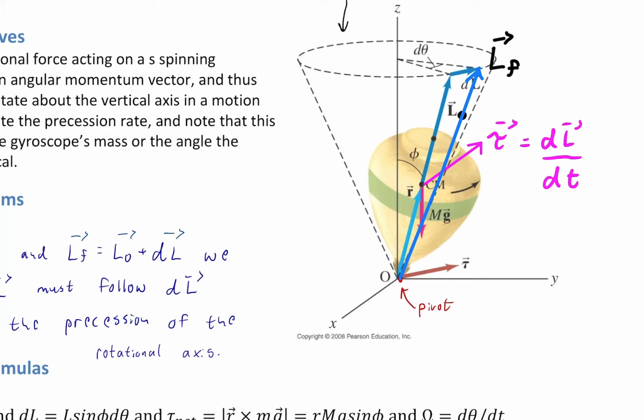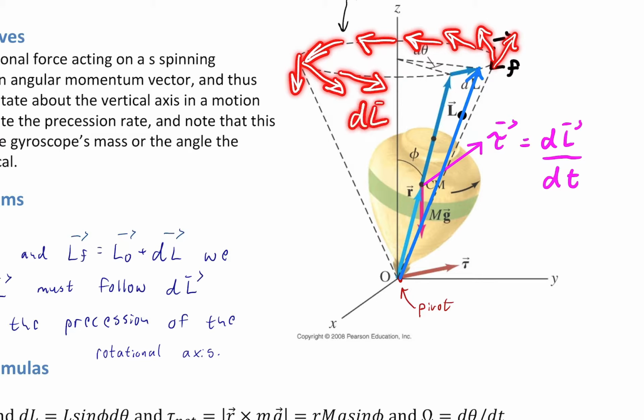So what we're seeing then is that torque is carrying the object via the change in angular momentum, the dL vector. It is carrying it in a rotational path. Because if we continue to do the right-hand rule, we won't find that the angular momentum vector just goes in a straight line. We'll find that the angular momentum vector, by little segments of dL, will go in a circular path, right?